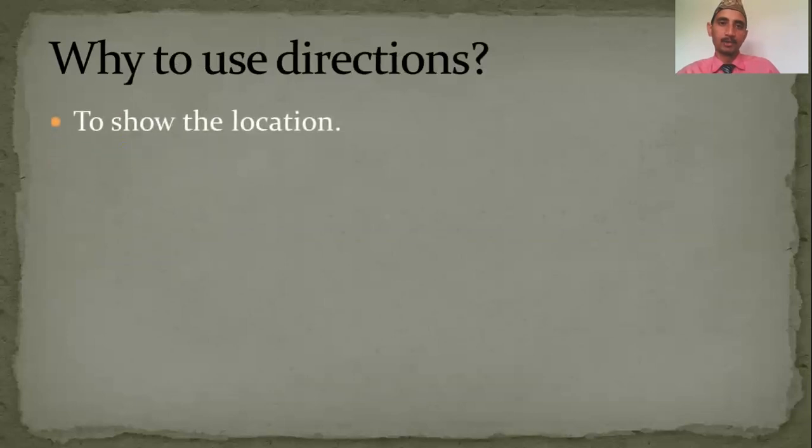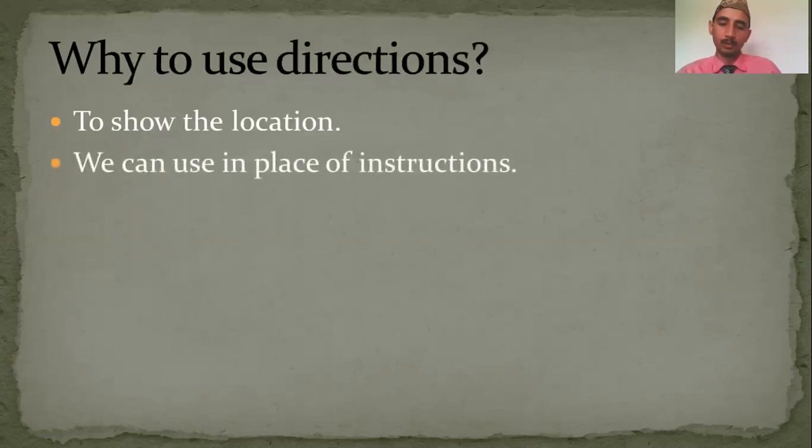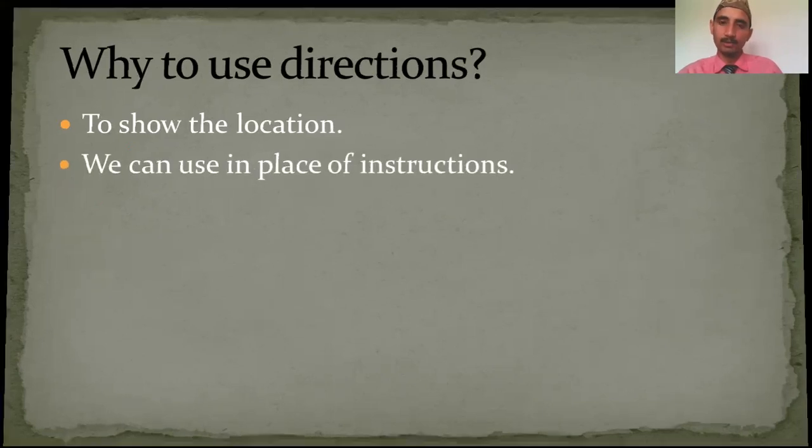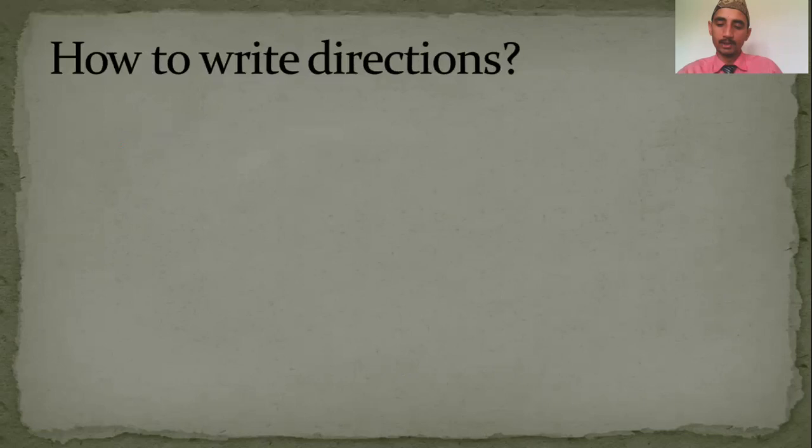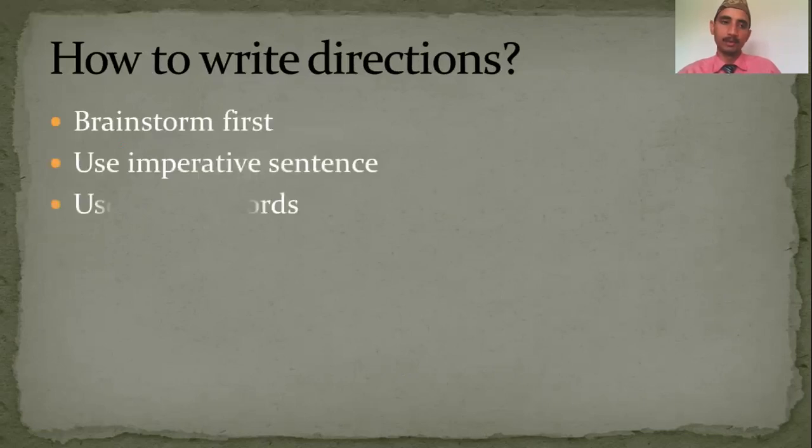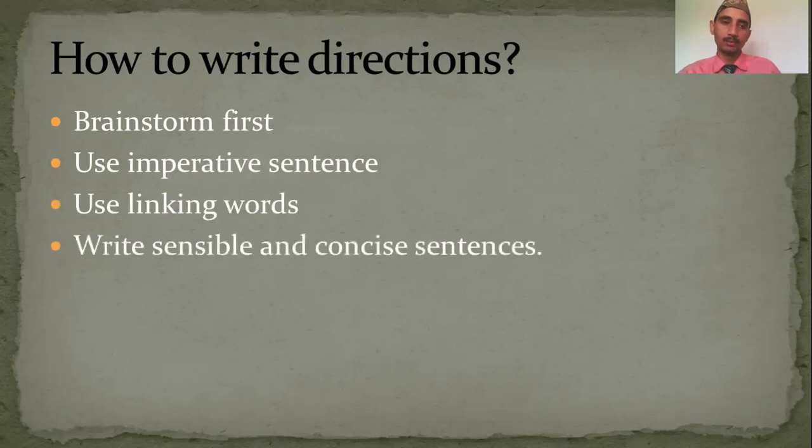Okay, so what is the use of direction? I already told you it functions as showing the location. Next, it can also be used instead of instruction. So how to write them? We can write them by following the same procedure that we followed for instructions. Brainstorming is the first phase, meaning collection of the information in our mind before writing.